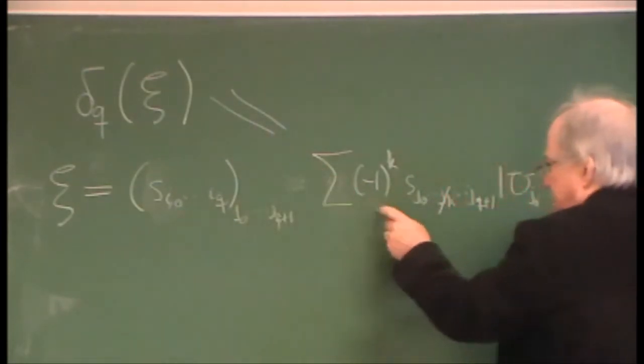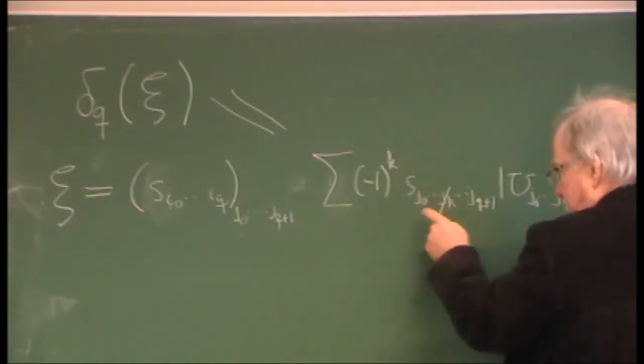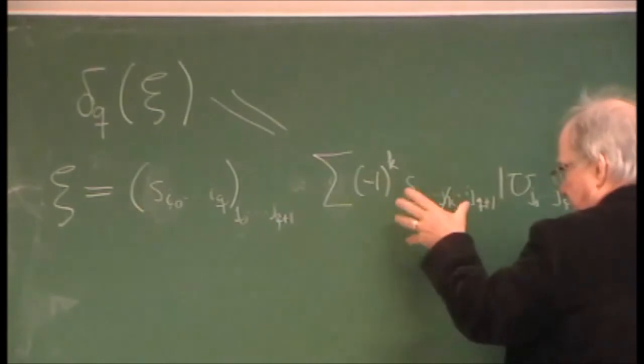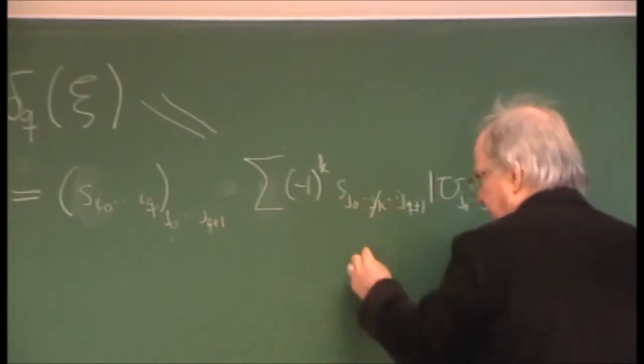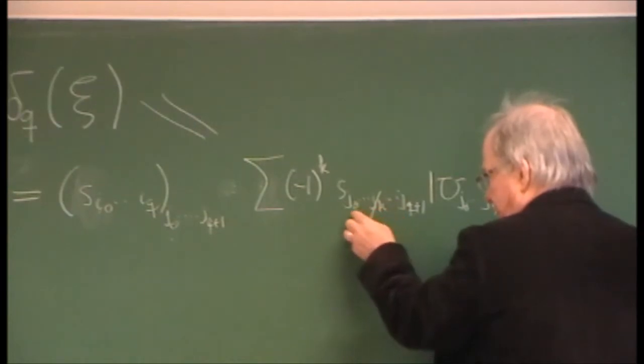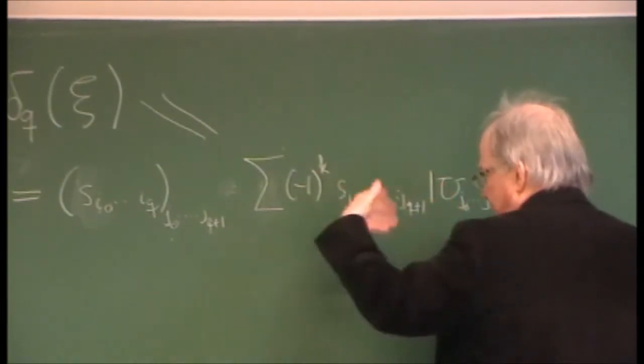Here it is: you just restrict from the bigger set to the smaller set. The bigger set only has q indices, so you have to cut out one index from the q plus 1 and restrict it. Of course, you add all these things up.